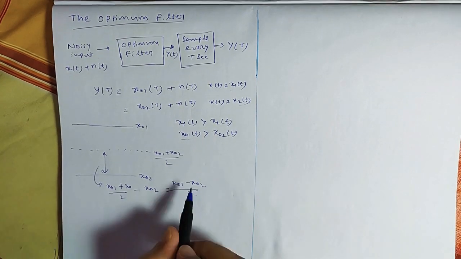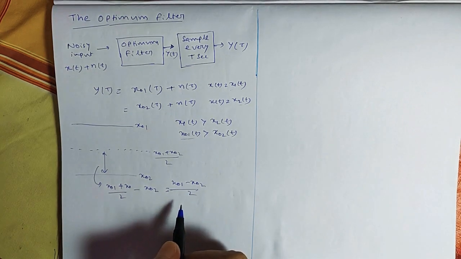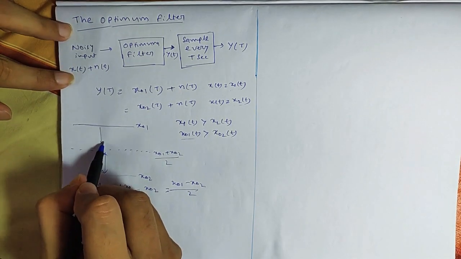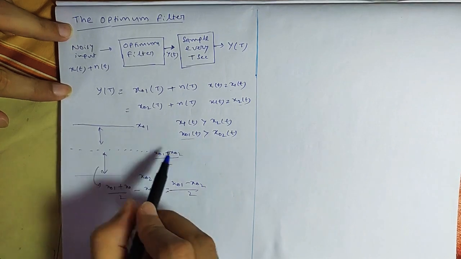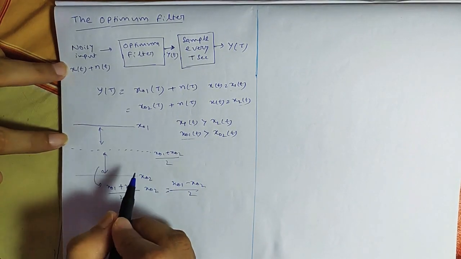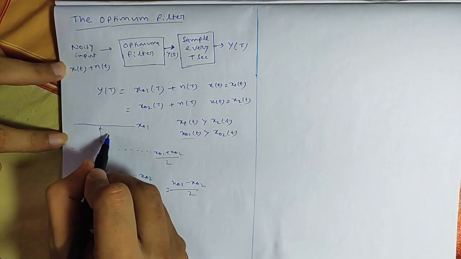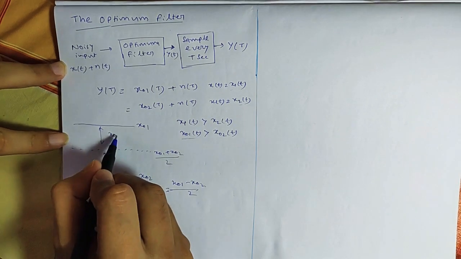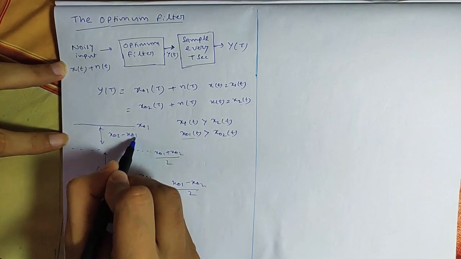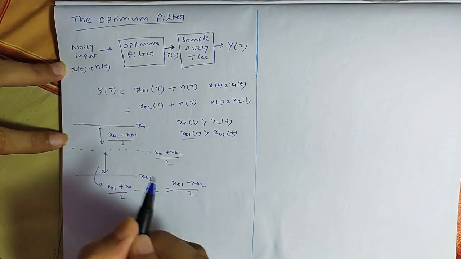Similarly, the other difference, this one minus this one, is also (x01 minus x02) by 2.